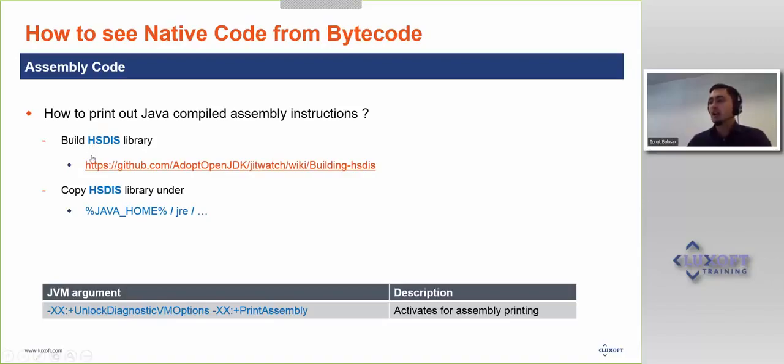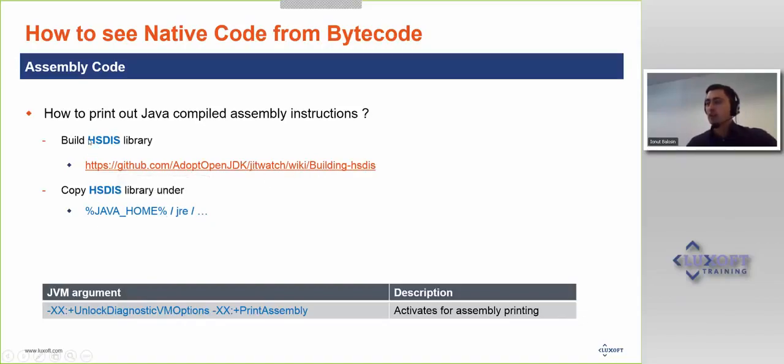Here is a really good guideline to build this library. This library, sorry, is the library that is used for seeing the assembly code, and here is really good documentation on how to build it on a specific platform.